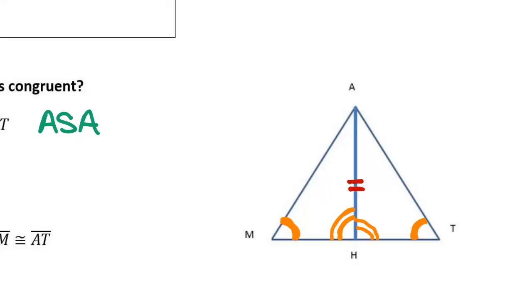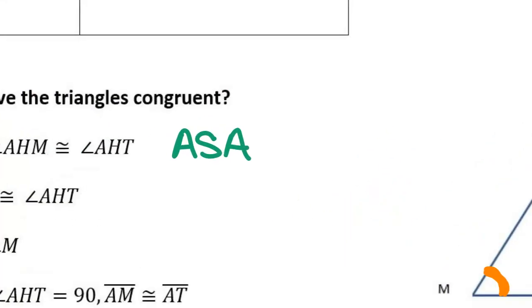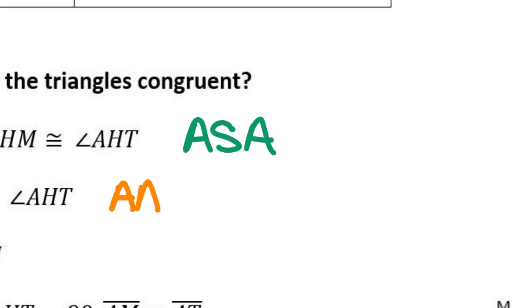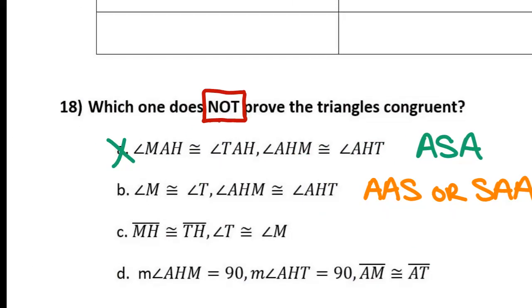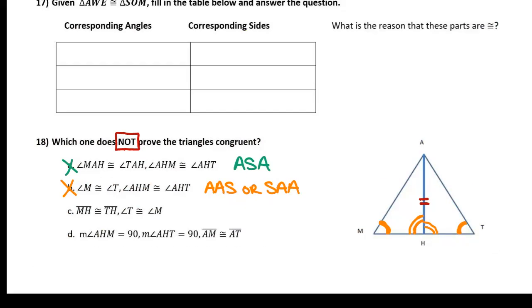Do I have enough marked up in the picture to say that the two triangles are congruent? Yes. What's been marked? Angle, angle, side, or side, angle, angle. Is that acceptable? Yes. Okay, so we're going to throw that one out.